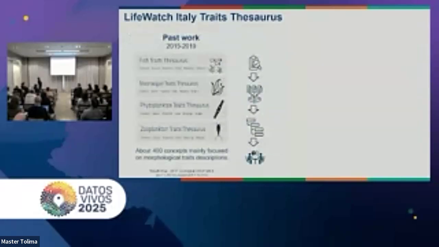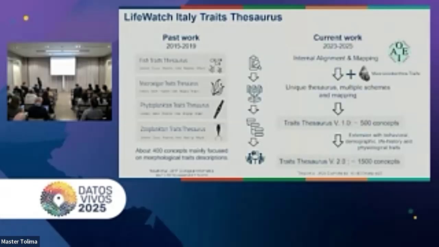So some history. We started in 2015 and we published 4 different thesauri. Most of these thesauri are focused on morphological trait description. After, in 2023, we decided to transform these 4 thesauri into only one traits thesaurus.